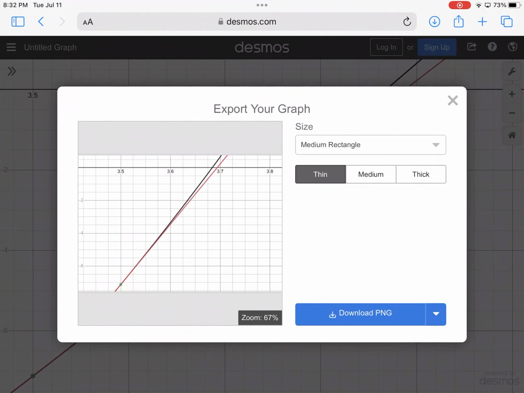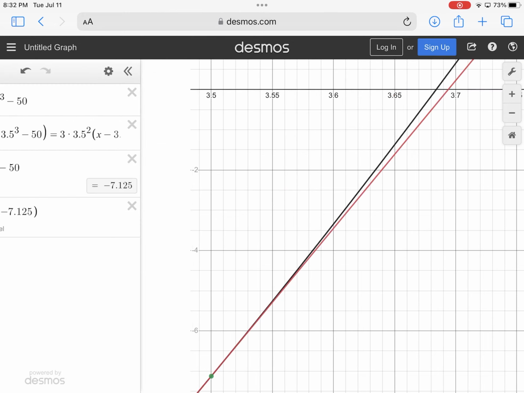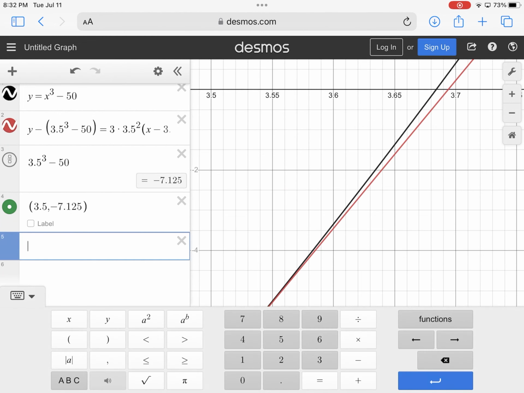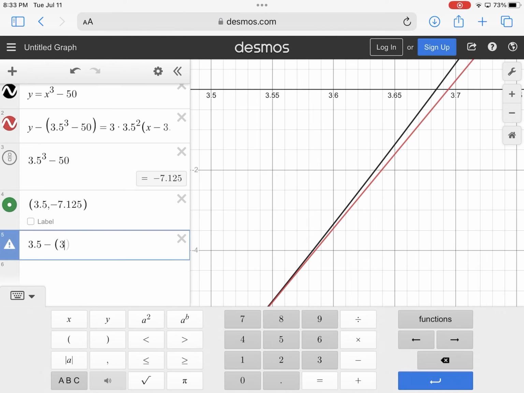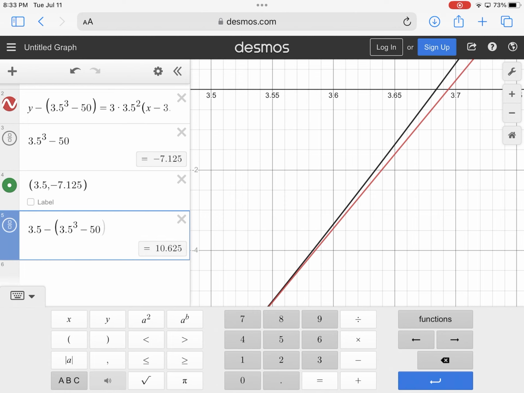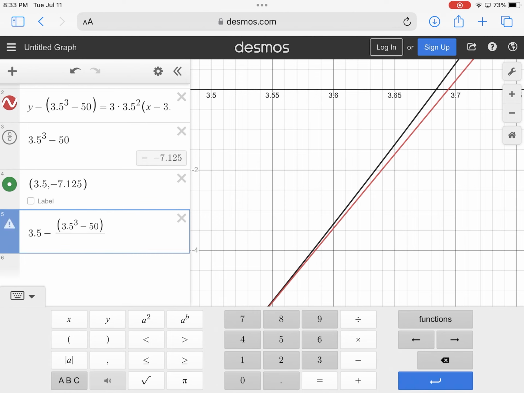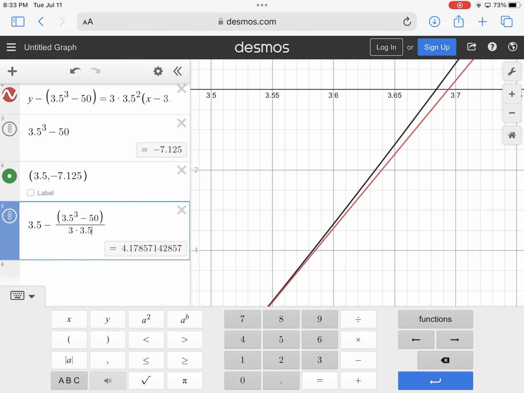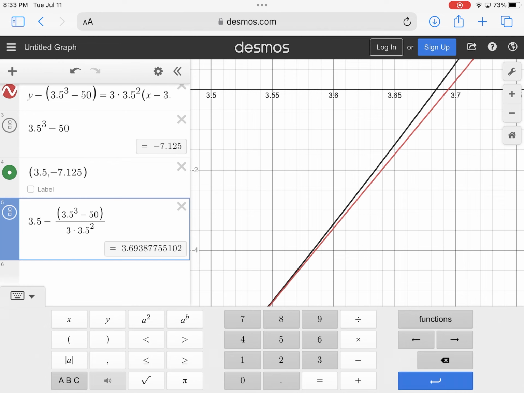Now, let's come to Desmos, and we'll have Desmos do that for us. So we have 3.5 minus 3.5 cubed minus 50, all divided by 3 times 3.5 squared.